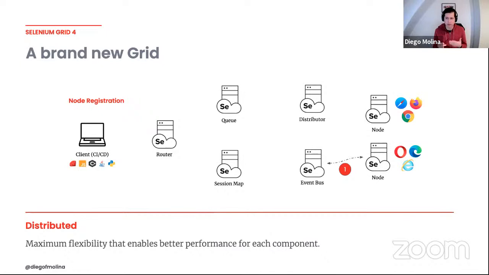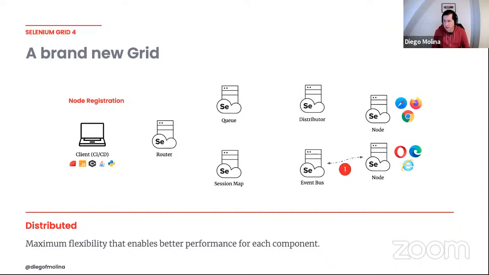So the new grid has the possibility to send and receive messages through an event bus, or to send and receive information via HTTP requests. So normally the internal communication is done via the event bus, and the rest is done via HTTP requests. In some cases, we use internally HTTP requests because we need them to happen right away. But whenever it's possible, we use the event bus to lighten the internal traffic.